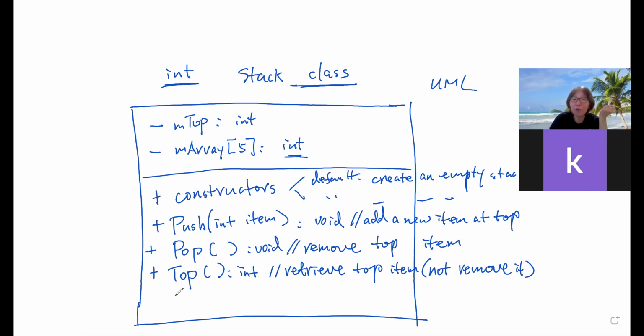Probably you will have some other operations you want to add. Generally speaking, for Java, we also have toString, and its return type should be string. You just want to display the stack contents. There may be some other operations we are interested in.